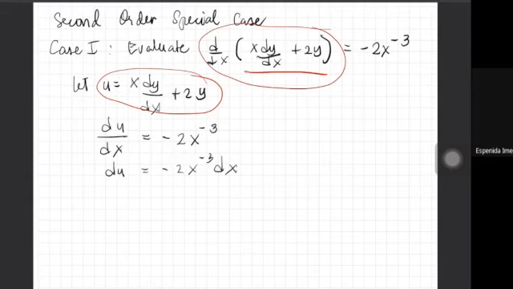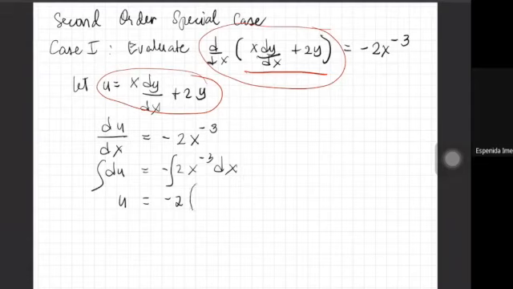And then here comes integration, because this is exclusively u and this is exclusively x. So the answer in the left side is u, and in the right side, you're going to integrate x to the negative 3. What's the integral of x to the negative 3?